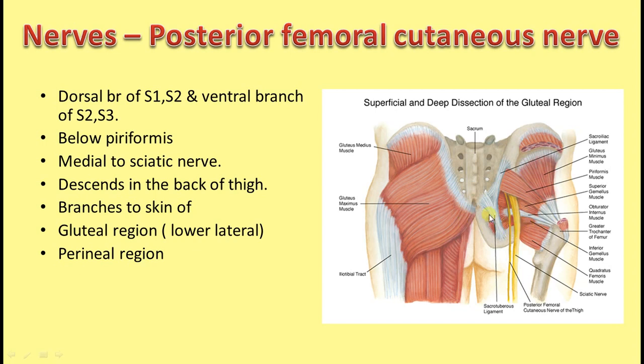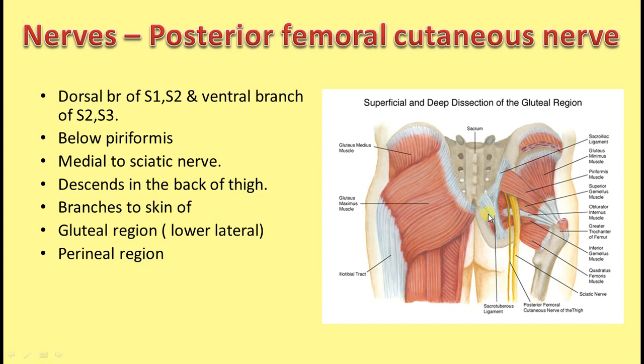Sometimes it pierces the sacrotuberous ligament, and it passes into the perineum and supplies the skin over the labium majus in females and scrotum in case of males. So, through the Colles fascia and all, it is going to supply this perineum. Now, parasympathetic innervation of the perineal organs is again S2 and S3.